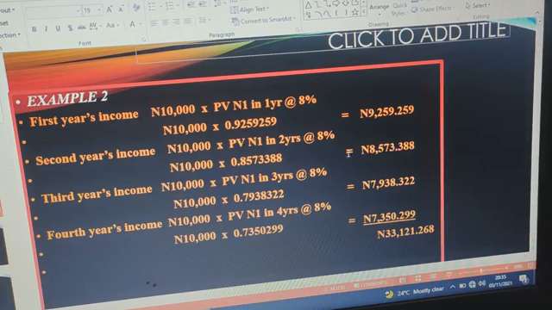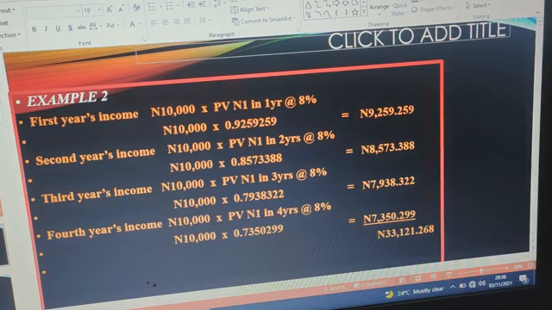Third year's income: N10,000 x PV N1 in 3 years at 8%. N10,000 x 0.7938322 equals N7,938.322. Fourth year's income: N10,000 x PV N1 in 4 years at 8%.